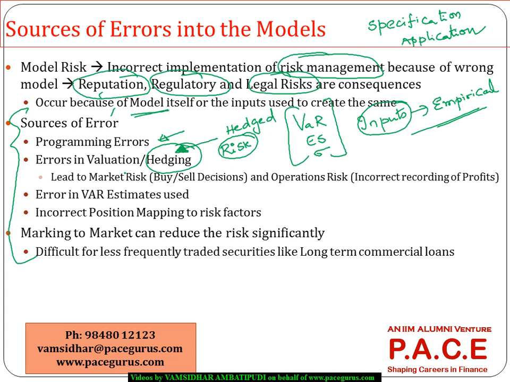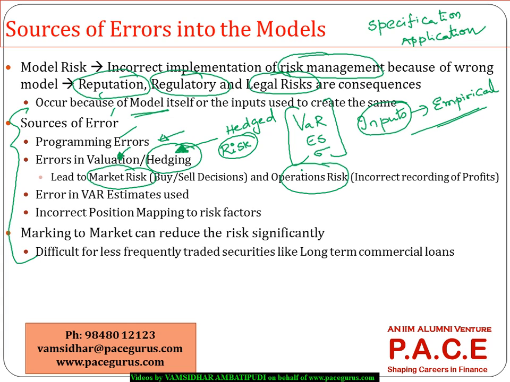All these things, if there are errors in the conceptualization itself, not of the programming stuff but more in terms of conceptualization of the business itself, it can lead to market risk where the buy and sell decisions get completely flawed, which could result in losses cropping up, or it could even lead to operations risk where the profits are not recorded properly.